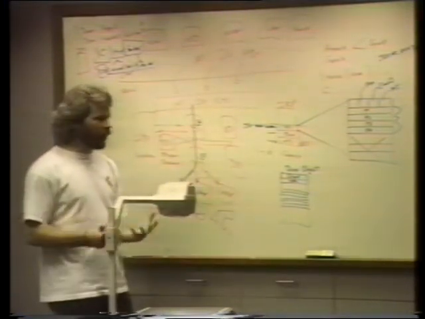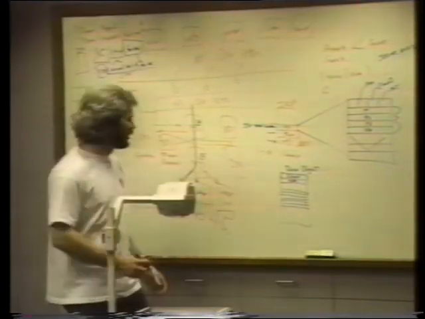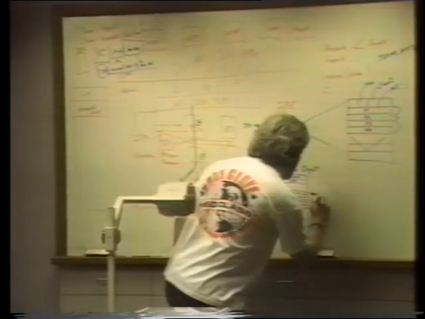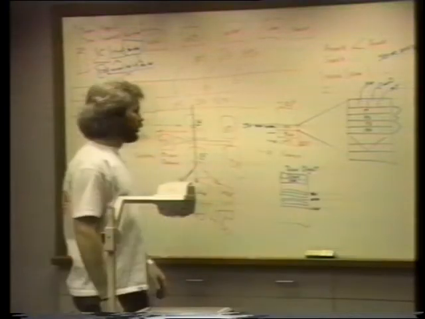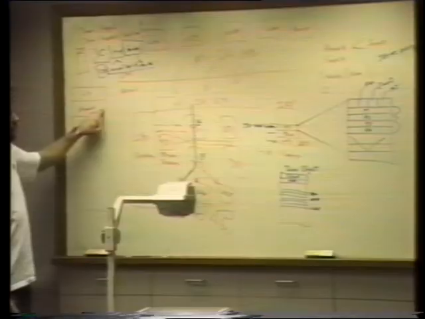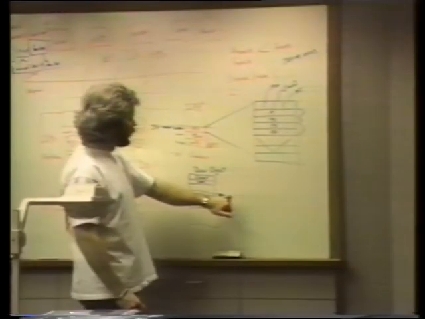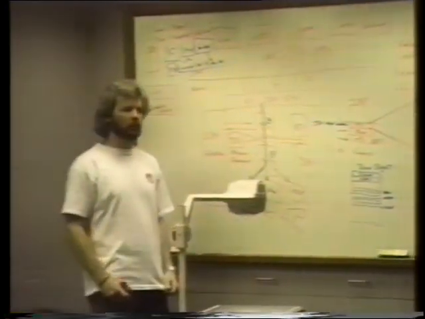Okay, so if I have a driver like a printer, and let's take a real simple one, it may have an open routine, a write routine, and a close routine, and that's it, for example. What the driver writer would do is write three routines: open, write, and close, and when we call the initialization routine, it would fill in the addresses of those three routines in this dispatch table, and that's all it would have to do.